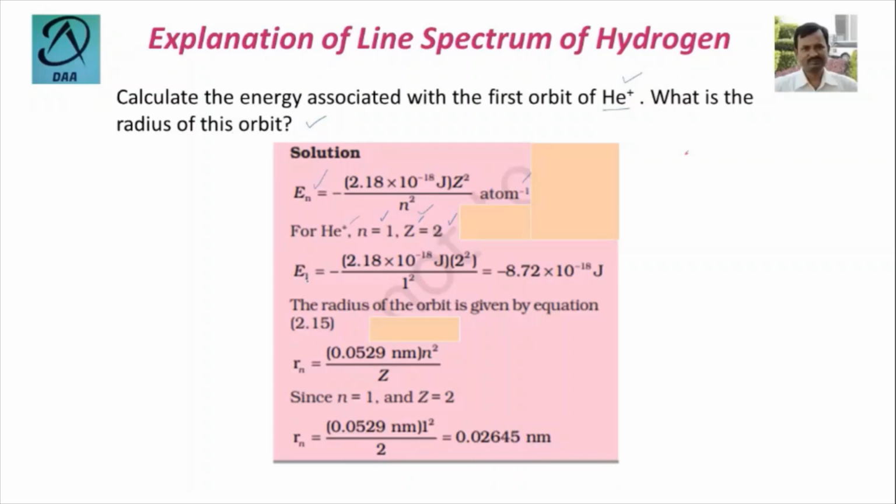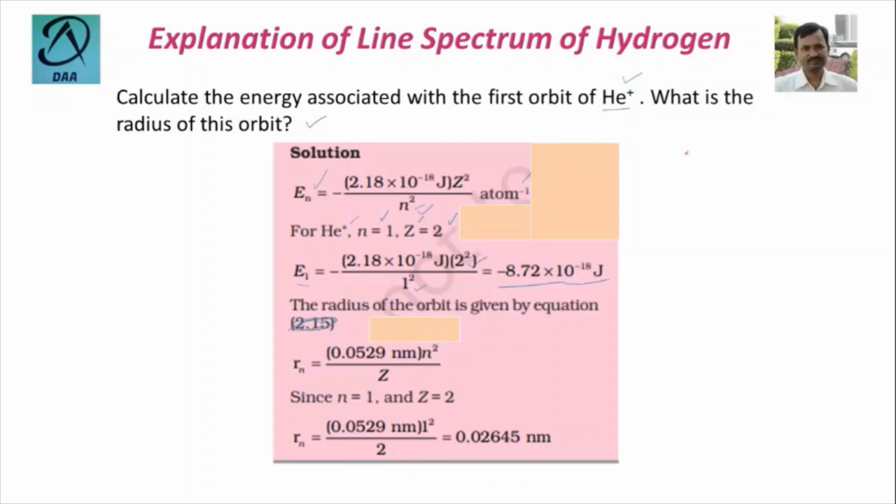So now we can put these values here. E1, n is equal to 1, so E1 is equal to, in the same equation you have to replace the Z value with 2, and n is equal to 1, you put n is equal to 1 here, and the final calculation gives minus 8.72 multiplied by 10 to the power minus 18 joule. And the radius of the orbit is given by the equation.